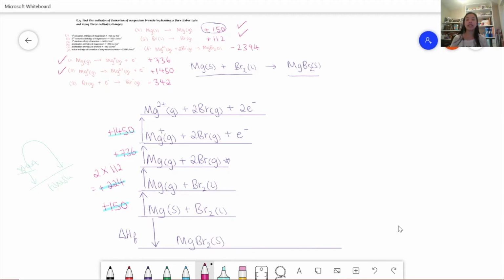We have the first electron affinity of bromine and also the lattice enthalpy of formation of magnesium bromide. And so what we put next is this electron affinity of bromine. And so what we get when we take the electron affinity is we add 1 electron to 1 bromine. And so what we get is the Mg2 plus ion, which hasn't changed, and then we get 2 Br minus gaseous ions.